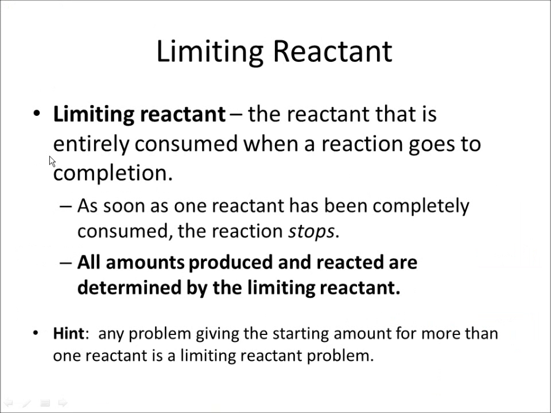But a limiting reagent is entirely consumed when a reaction goes to completion. So, for example, when I burn something, like a piece of trash, there is a lot of oxygen out there to burn. So there is oxygen in excess, and there is whatever I'm burning. That's the limiting reagent. That'll determine how much CO2 and how much water I produce.